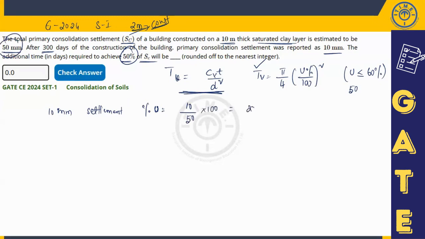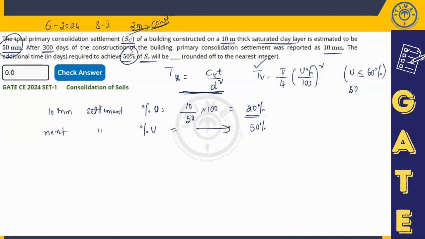For 10 mm settlement, percentage U is 20%. And next we require for 50%. Next settlement, percentage U is nothing but the given 50%.